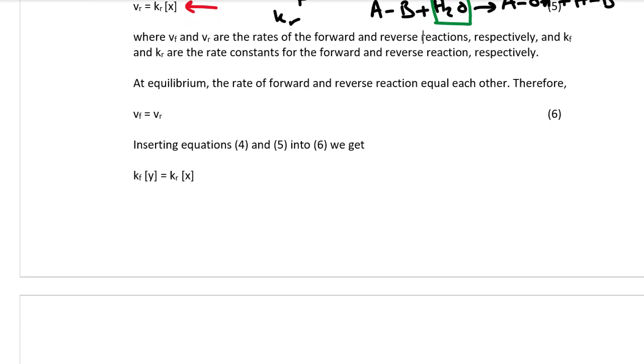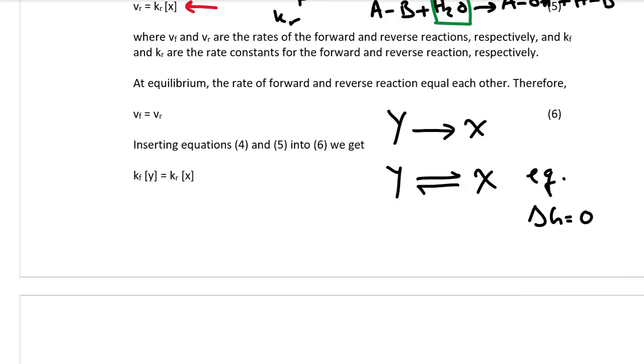So at equilibrium, we know that the rate of the forward reaction equals the rate of the reverse reaction. And we had drawn this in the previous video where we said, okay, Y goes to X, right? At equilibrium, the forward reaction equals the reverse reaction in its rate. This is at equilibrium, where delta G equals 0.